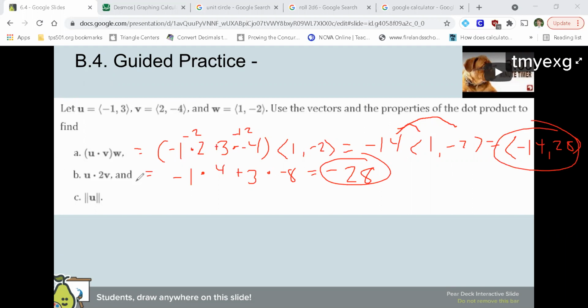All right, last one I'm going to do, because I want to show you a different way. All of you could have done the square root of -1 squared plus 3 squared. A different way to do that is we know that U dot U is equal to the magnitude squared. So if I just do U dot U, -1 times -1 plus 3 times 3, I would get 10. And if 10 is equal to the magnitude squared, then the square root of 10 would be the magnitude.